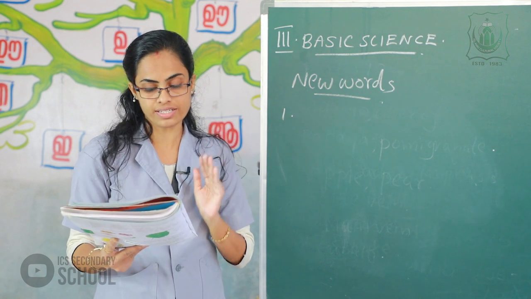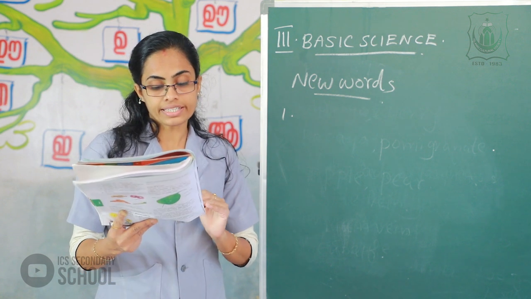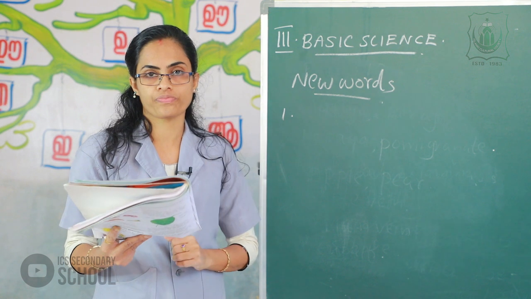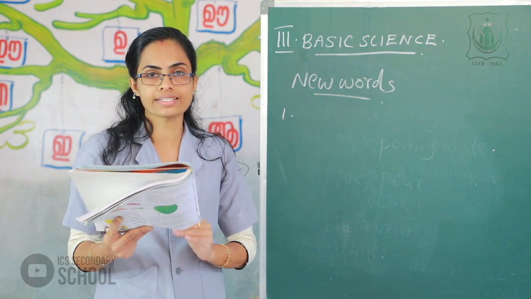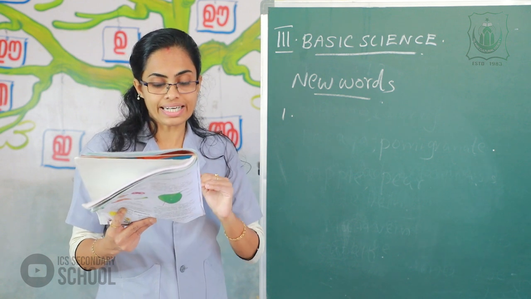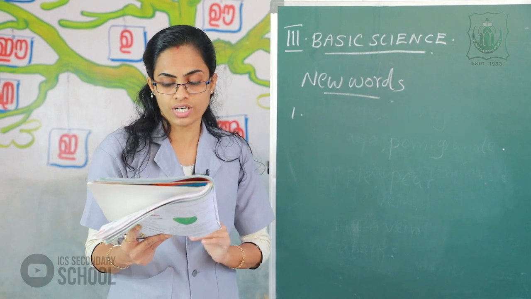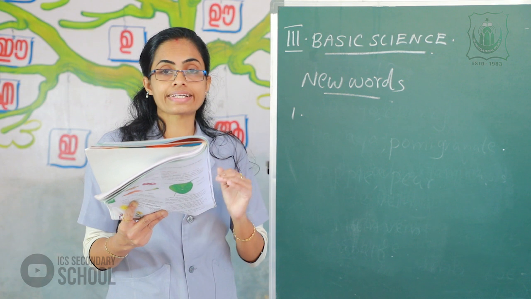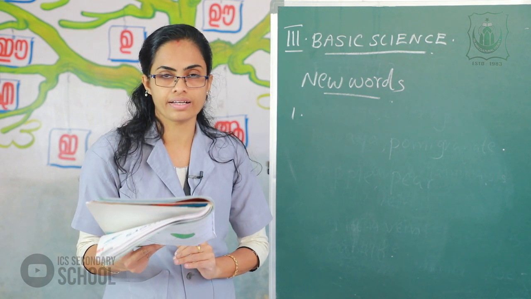The last class we discussed taproot, fibrous root and trunk. Taproot, the main root from which smaller roots grow. And the next one, fibrous root, many thin and bushy roots growing from the end of a stem. And the next one, trunk, the thick and hard stem of a tree.